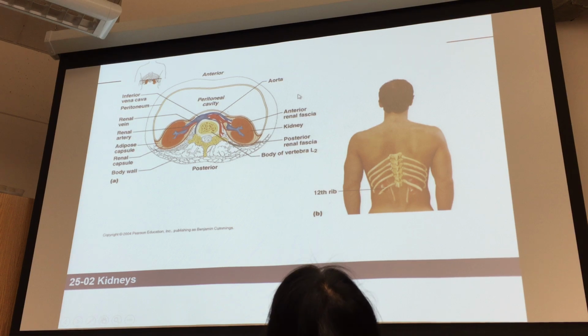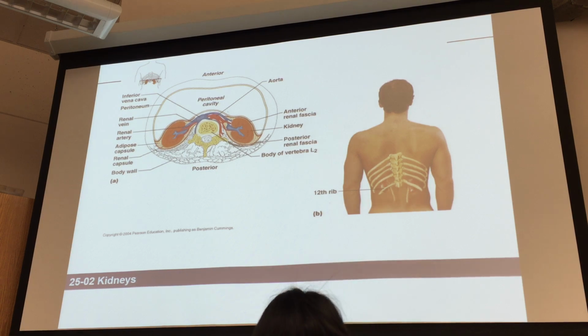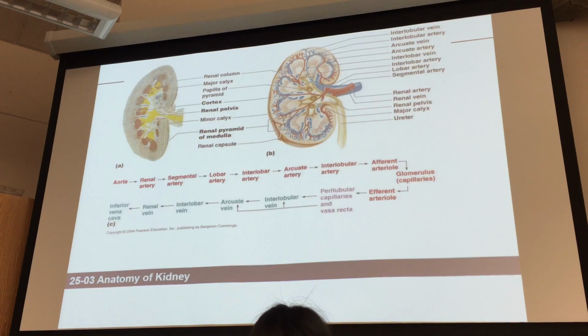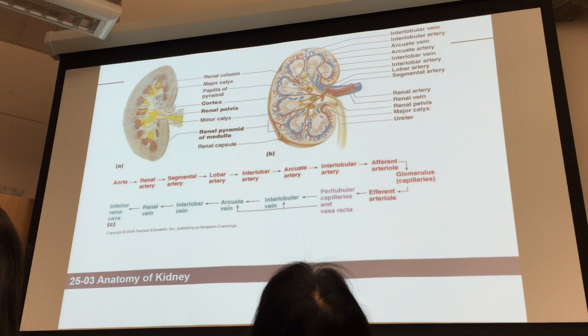Know the difference between the perirenal fat, the fascia, and the adipose tissue surrounding the kidney, that's the perirenal fat. This will be where I'll use the model for anatomy.